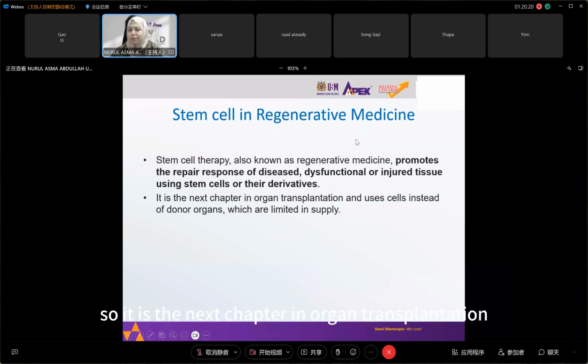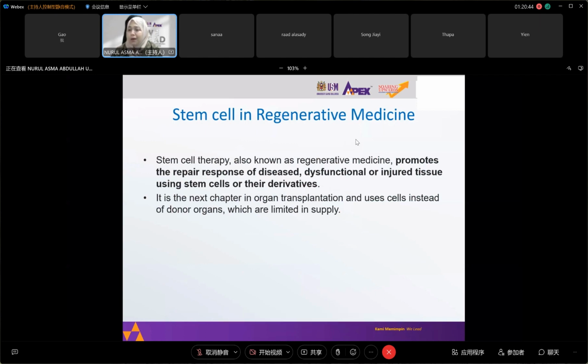So it is the next chapter in organ transplantation and uses cells instead of donor organs, which are limited in supply. So what is the main advantage of stem cells? Basically, because stem cells can regenerate tissue, they can be used as an alternative to organ donation.